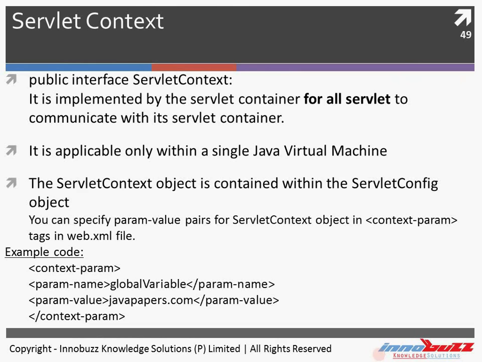There is no annotation defined for servlet context, whereas we had one for the init-param tag within the servlet tag, the annotation called WebInitParam. But there is no annotation yet for servlet context. Therefore, this code needs to be present within your web.xml. We'll see more in detail while showing the demonstration.